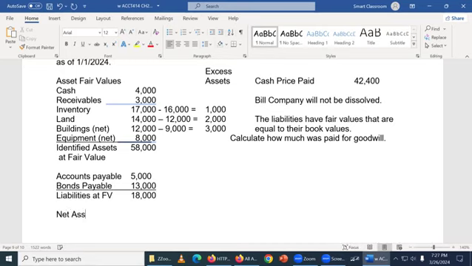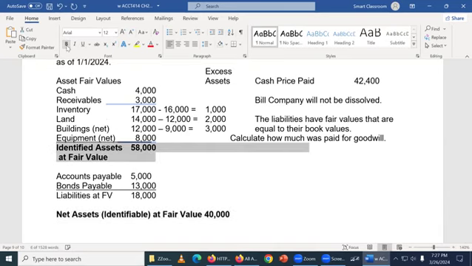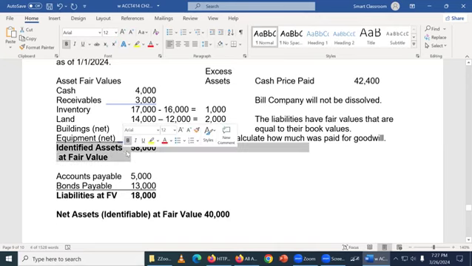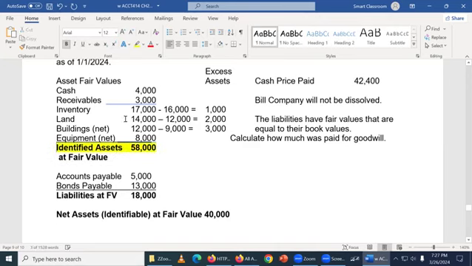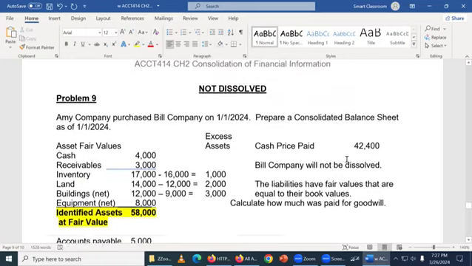Okay, and the cash price paid was 42,400.